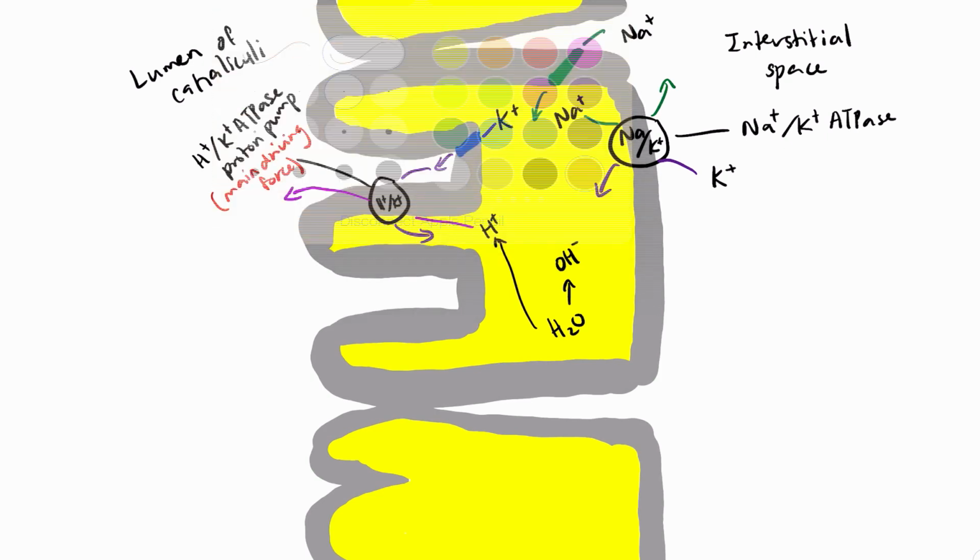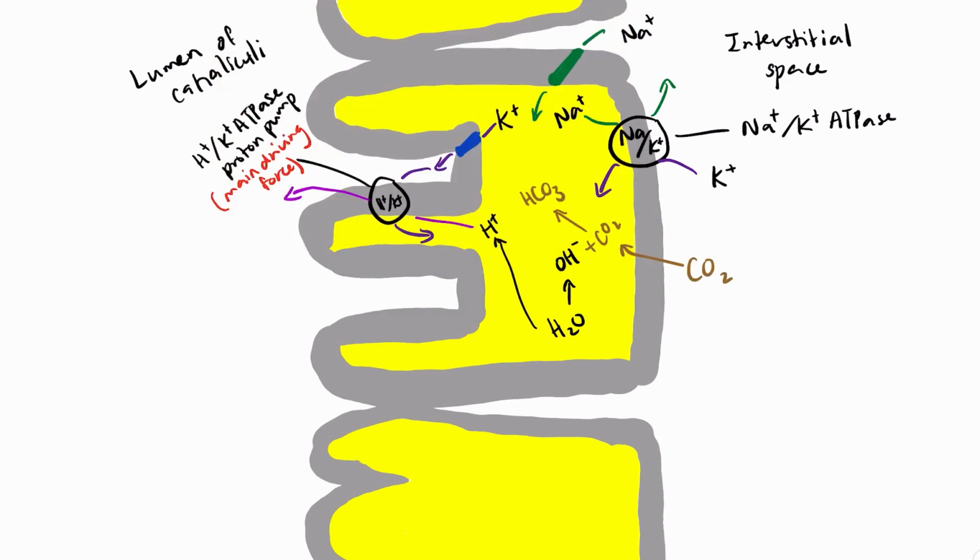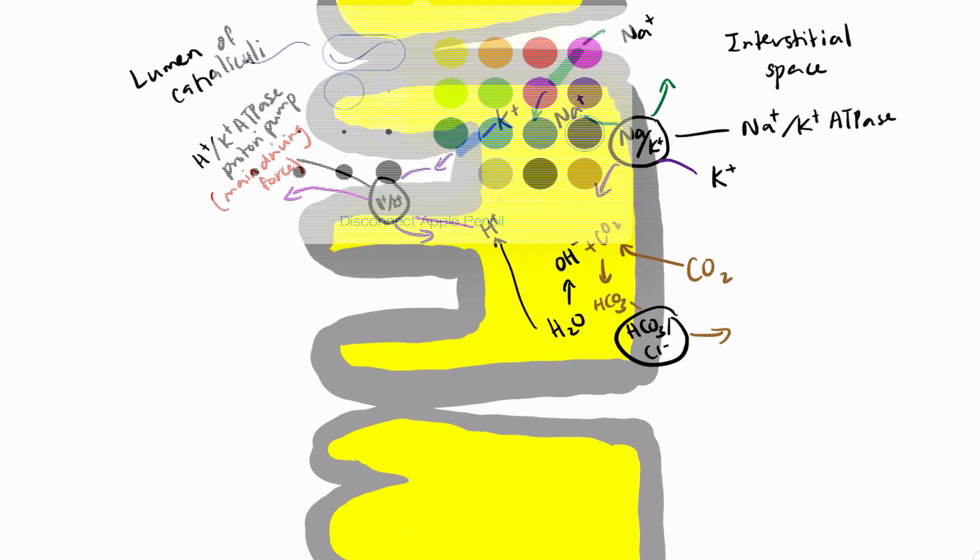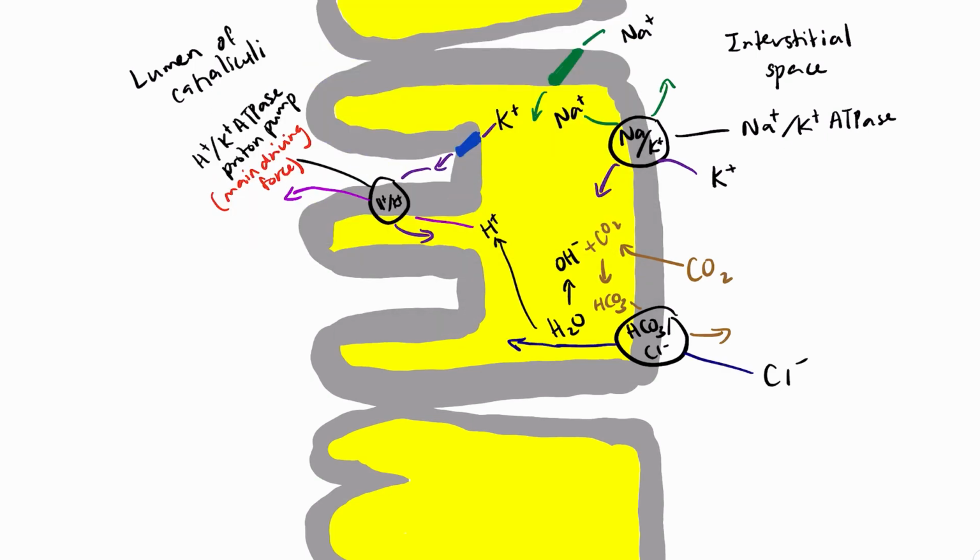The hydroxide ions within the cells bind to carbon dioxide, which forms bicarbonate ions. This reaction is usually catalyzed by the carbonic anhydrase enzyme. Bicarbonate ions are then exchanged with chloride ions from the interstitial space basolaterally.